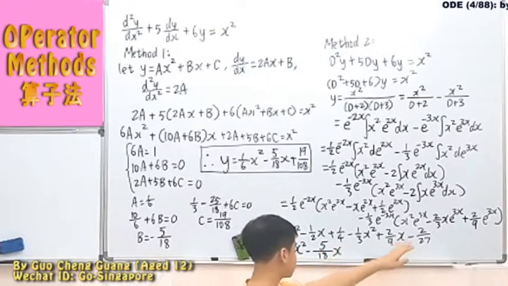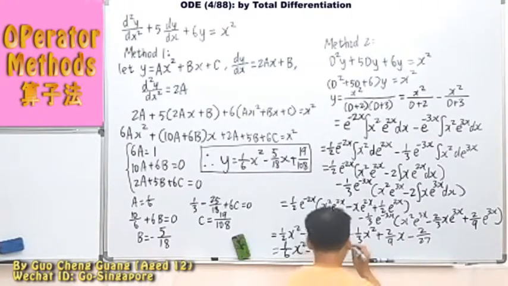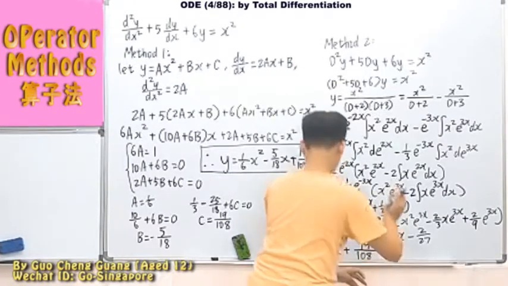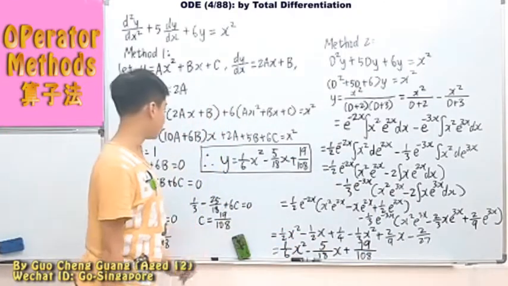Down there is the last two constants. Okay, this part is a positive. So common denominators 108. Then after that is 27 minus 8, so it's a 19. And this is what you have for your y.